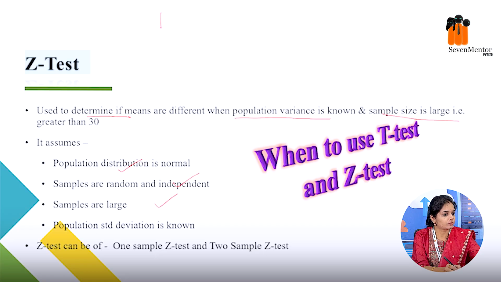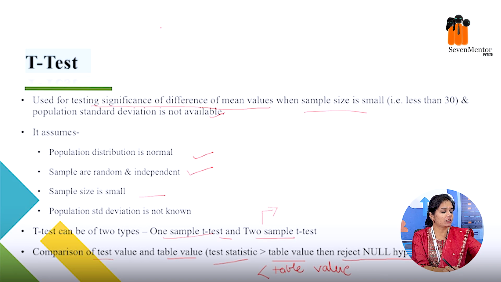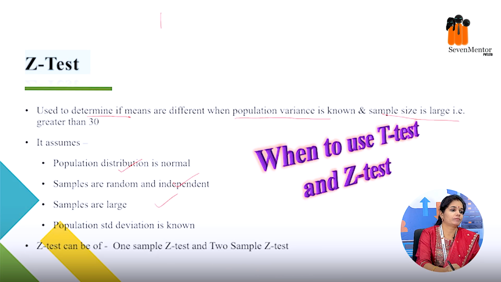So if we see the table here: test statistic greater than table value, reject. If sample size is small and population deviation is not known or unknown, which test?